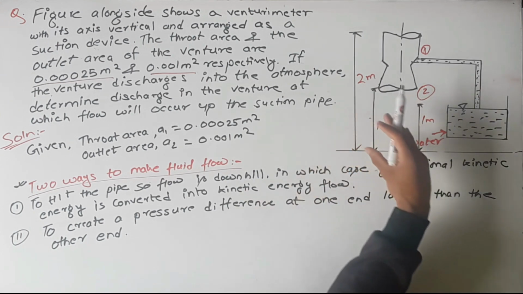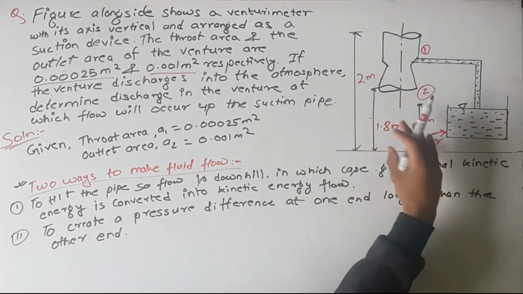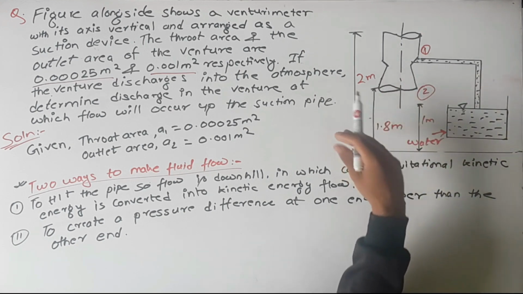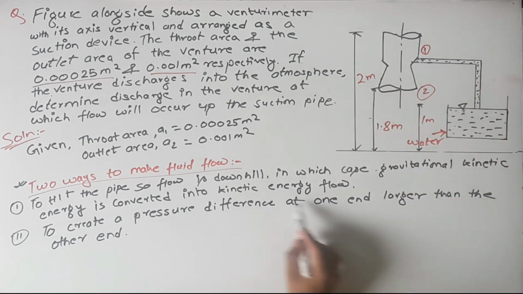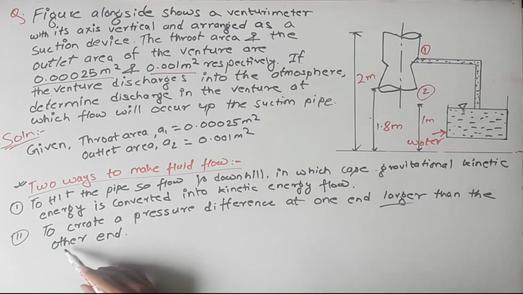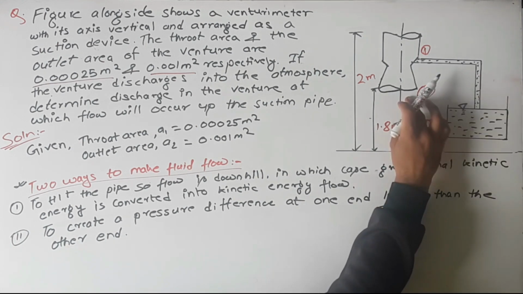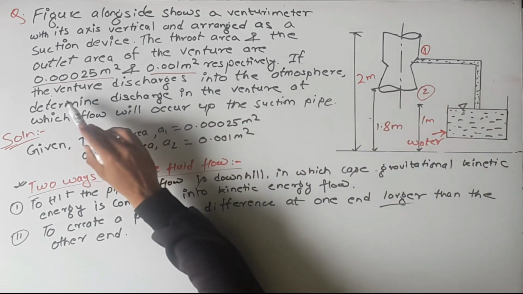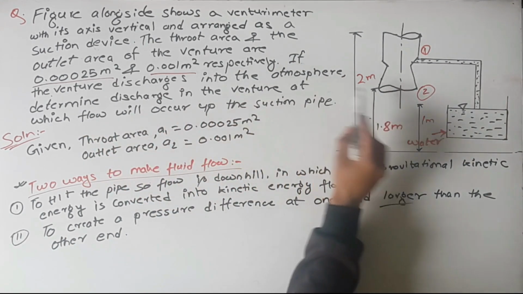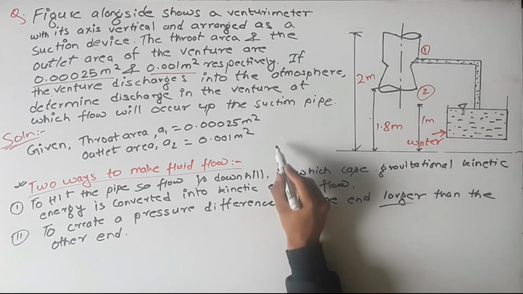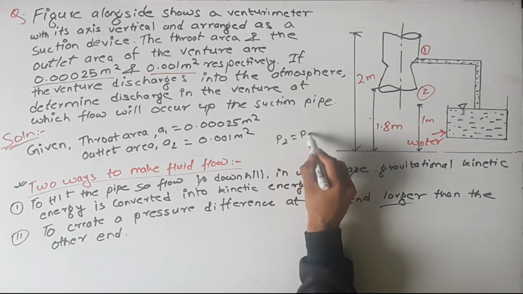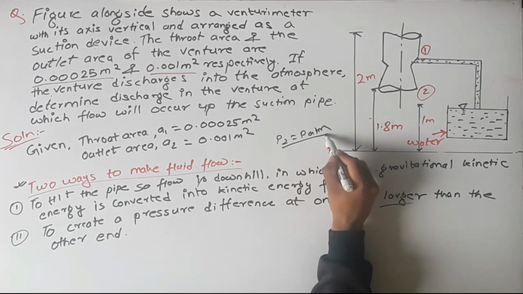If a pressure difference is created, then liquid flows from this low pressure to higher pressure. The pressure difference should be larger than at the other end. So please note this here. P2 discharges into the atmosphere. Venturimeter discharging into atmosphere, yes, P2 is PATM. This is also given.